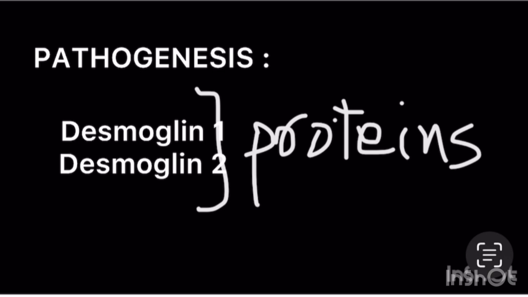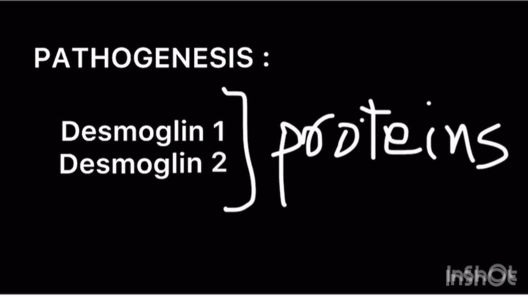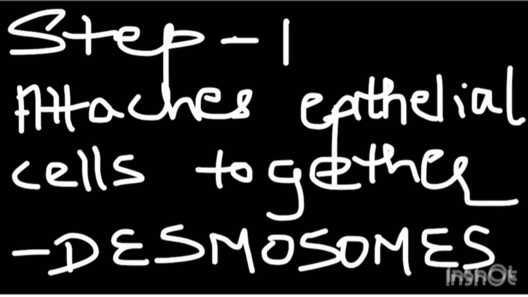So there are 2 proteins named desmoglein 1 and 3. In step 1, what happens is these 2 proteins attach to the epithelial cells. Now these epithelial cells are joined together by what are named desmosomes.